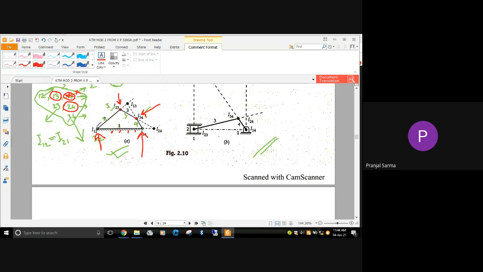Suppose this link is fixed, and later on this link may assume this kind of position. Then also 2 3 will be here, it is permanent, that means it will be at the center of the pin itself, but the location has changed. But the other two, that is 1 2 and 1 4, will always be here. So that's why they are fixed.